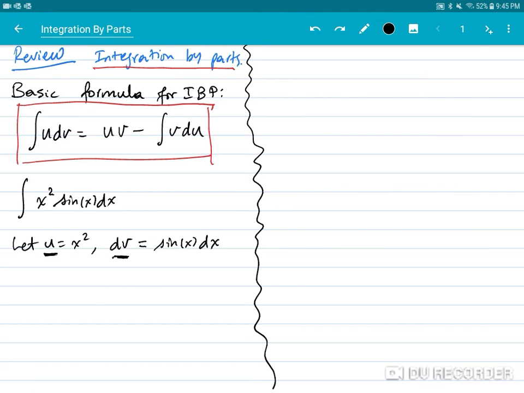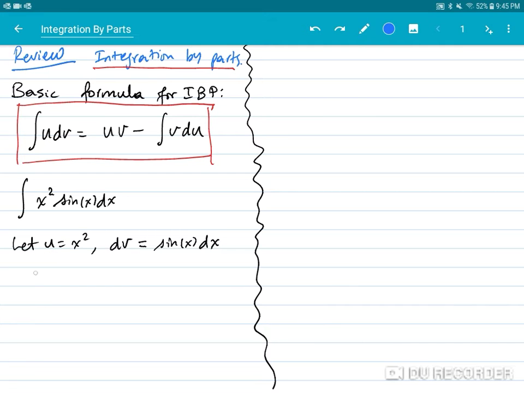And then we're going to calculate v. We're going to calculate du because we already have u. So that's basically what we're going to do.